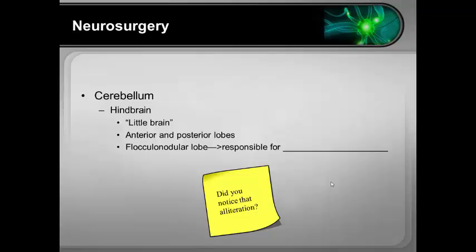The cerebellum's anterior and posterior lobes work together to coordinate voluntary muscles, maintain balance and muscle tone, and control our movement. At the base of the cerebellum is the flocculonodular lobe, which is responsible for equilibrium. Coordination between the cerebrum, where information is processed, and the cerebellum is critical for the planning and execution of movement.